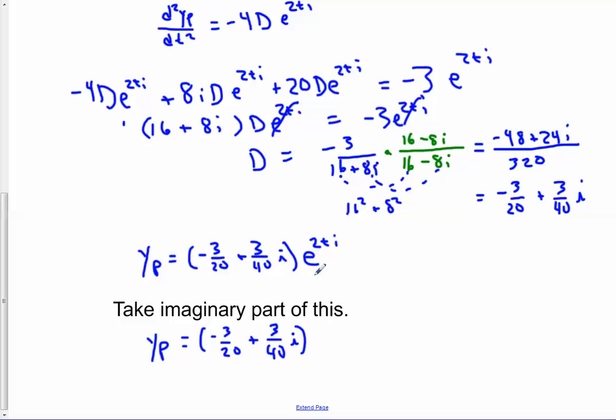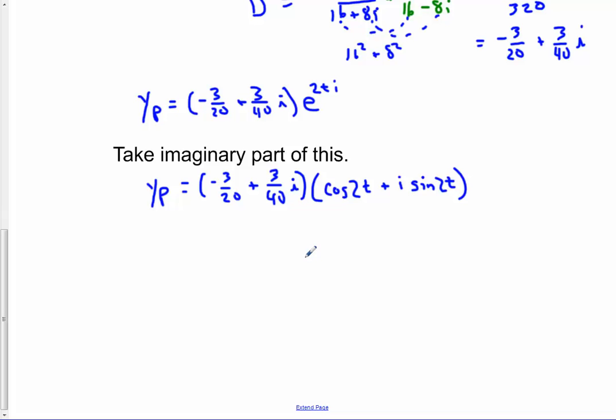Once again, we remember Euler's formula. This is cosine of 2t plus i sine of 2t. Okay, so when we multiply this out, that times that, negative 3/20 cosine of 2t.